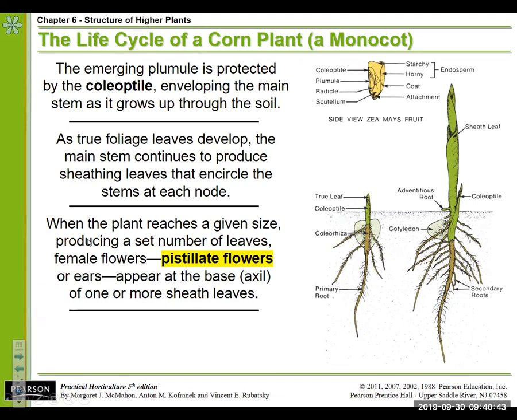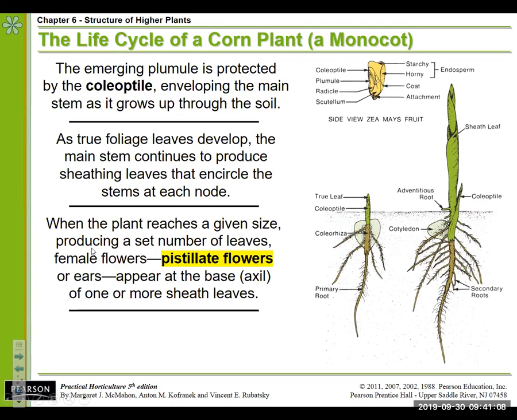When the plant reaches a given size, when it gets to sexual maturity, and that depends on the plant, it's measured by different factors. In corn, it's usually a set number of leaves. The female flowers, or the pistillate flowers, the female part being the pistil, begin to emerge.